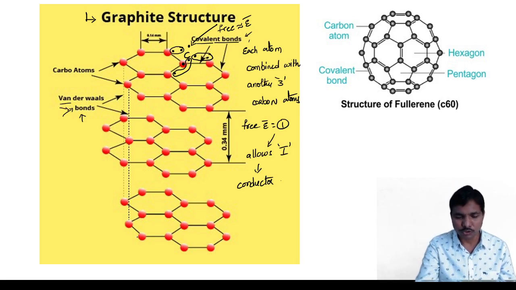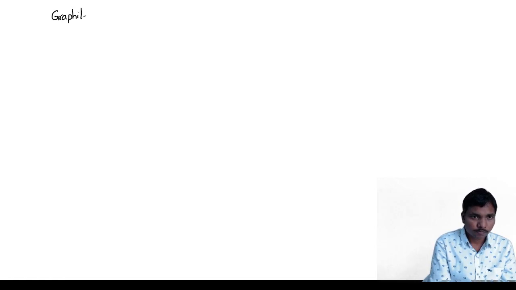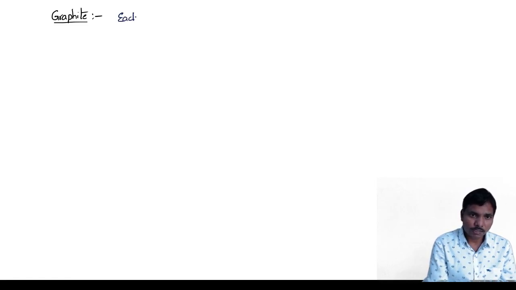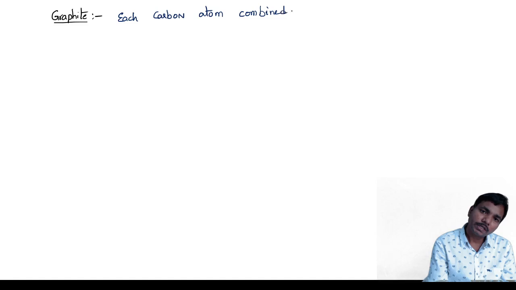Okay, so let us take important points belonging to graphite. Graphite, each carbon atom is combined with another 3 carbon atoms.